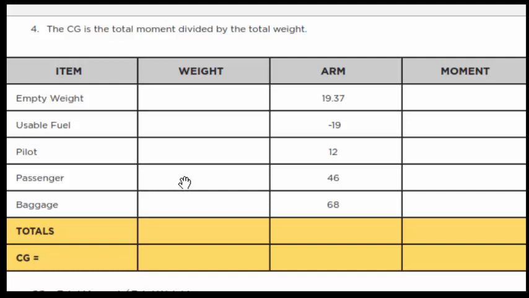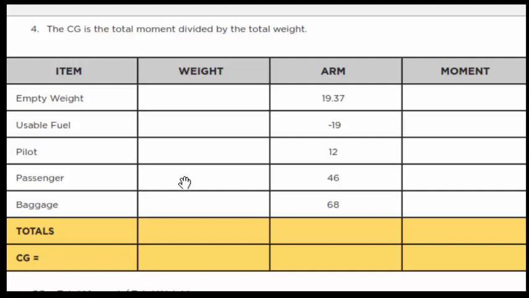So then to calculate the moments, we have to take the weight times the arm. So for a moment here, I got 15,147. This one I got negative 1,710. And I got 2,040. Then I got 6,900 and 680. Leaving me with a total here of 23,057.